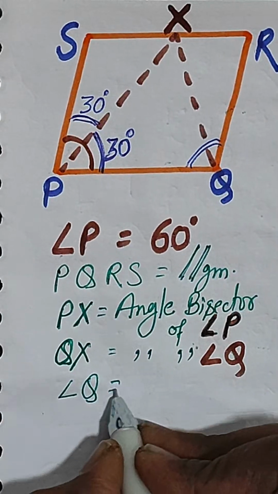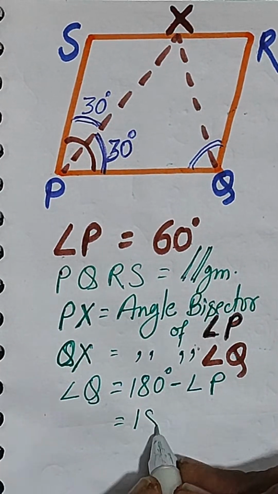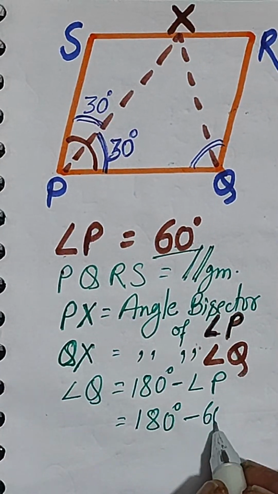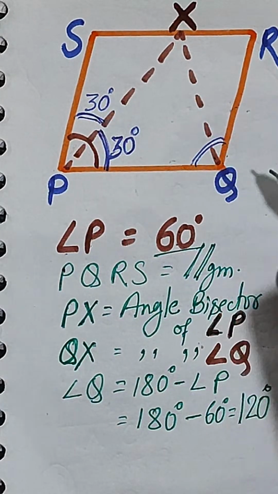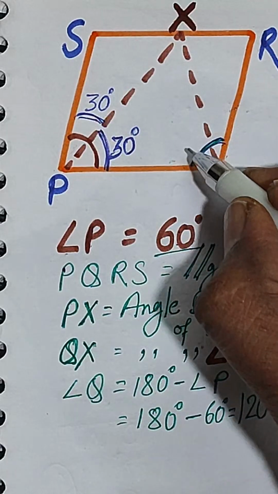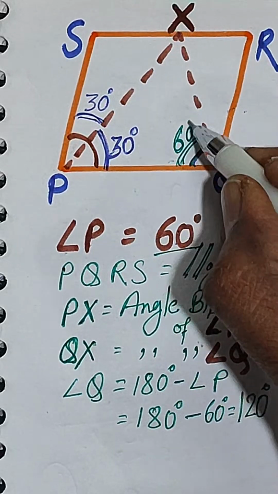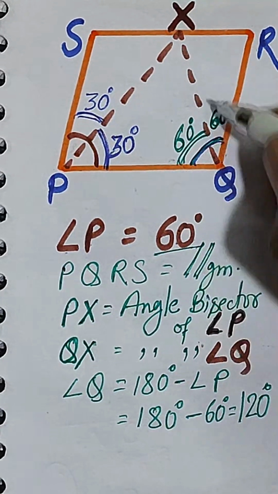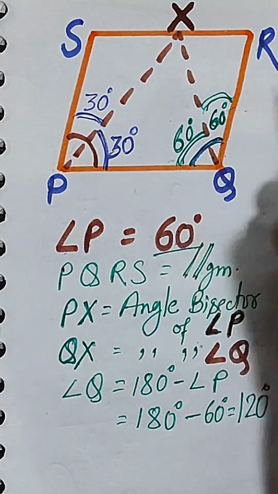Angle Q is equal to 180 degrees minus angle P, which is 180 minus 60, giving 120 degrees. If angle Q is 120 degrees, then after bisection this angle is 60 degrees, and this angle is also 60 degrees, because QX is the angle bisector.